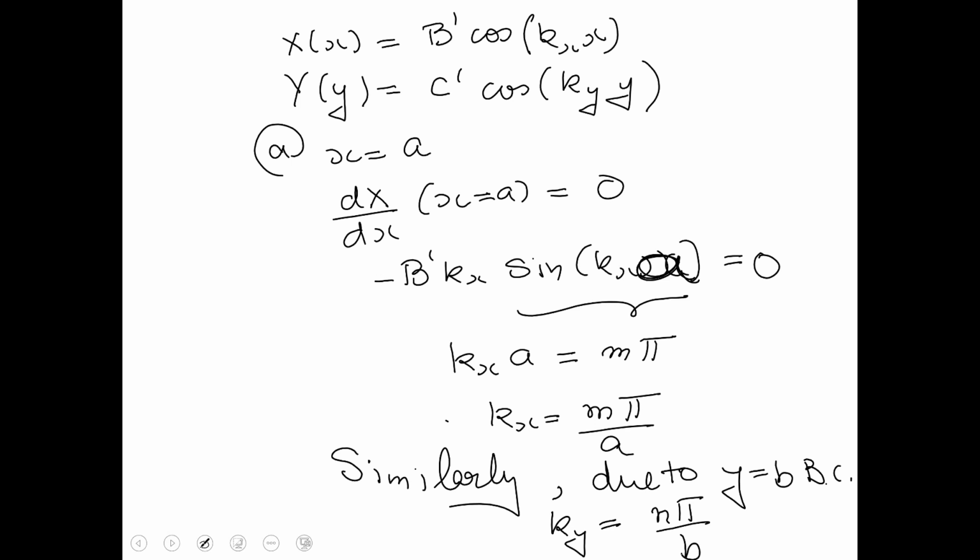Here again, for the time being, mathematically, m can take values from 0, 1 onwards, and n can take values from 0, 1 onwards. Mathematically, it can take those values. Physically, we'll see whether it can take all these values or not.